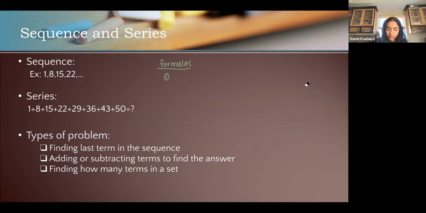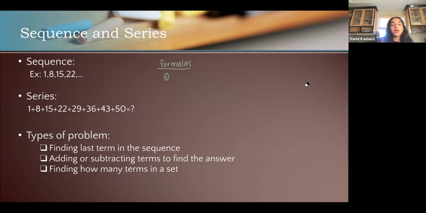Okay, so the next formulas we're going to go over are for a geometric series. There are 2 types of geometric series: finite geometric series and infinite geometric series.